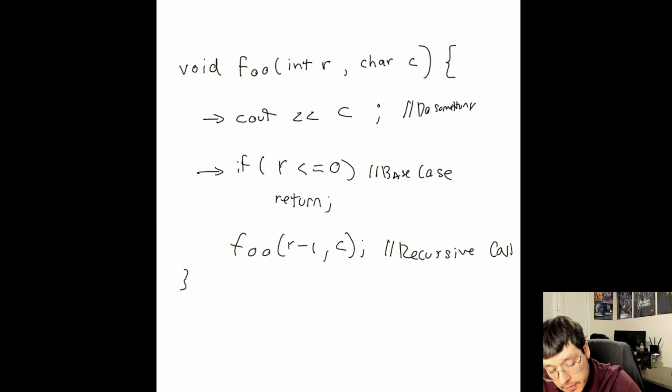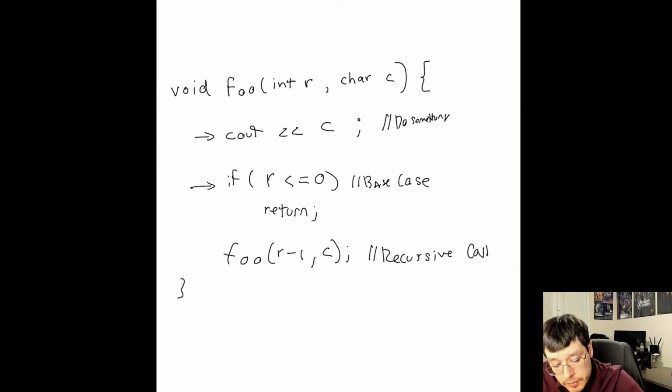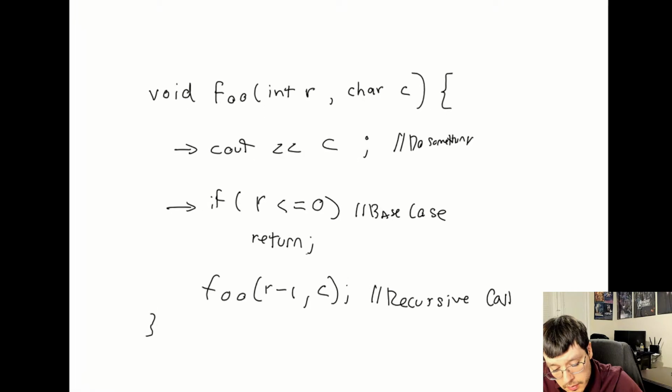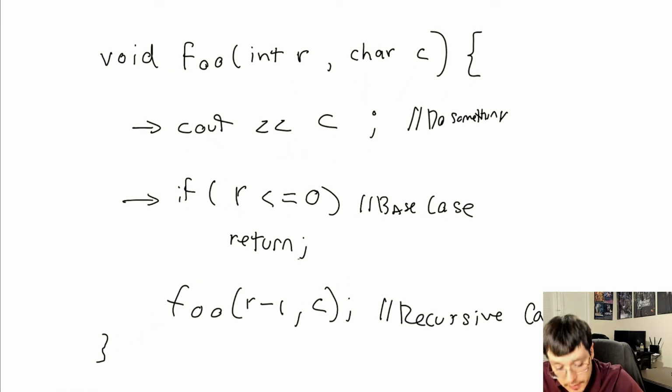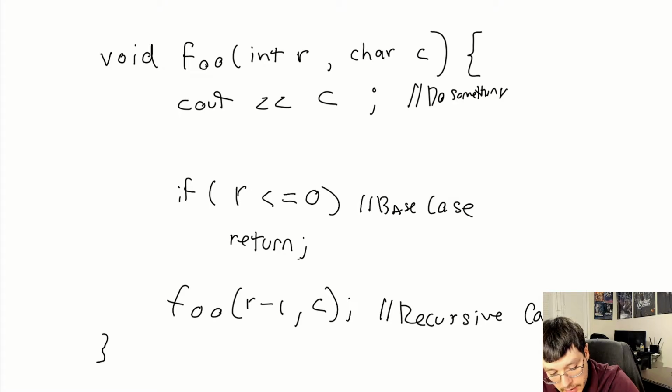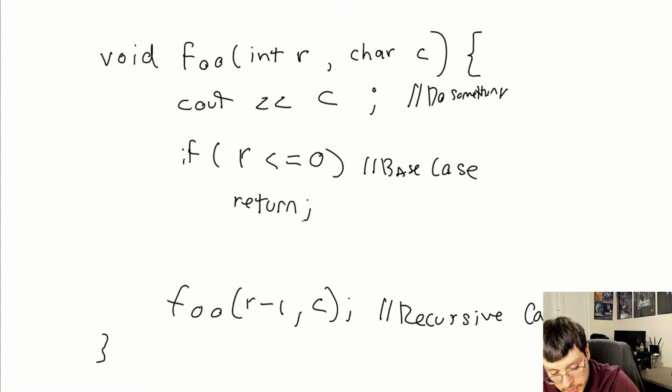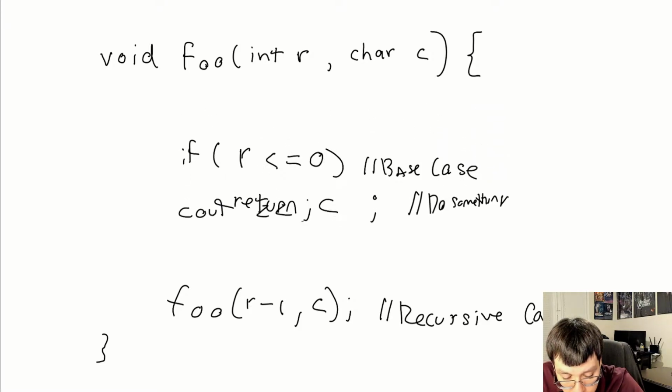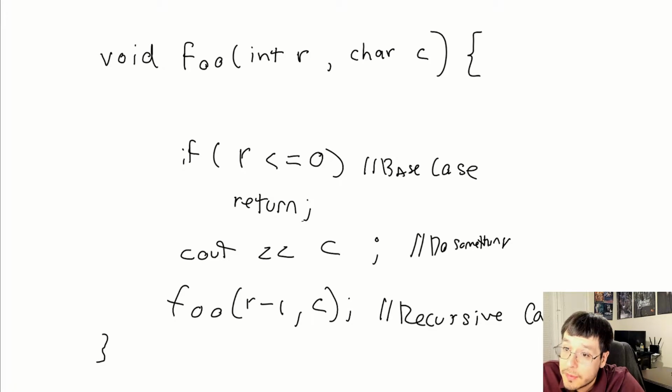So just copy it again. What I could do is, hold on, let me get out of the arrows. I could take this, move it up here. Okay, so what I can do is move this beneath the base case.